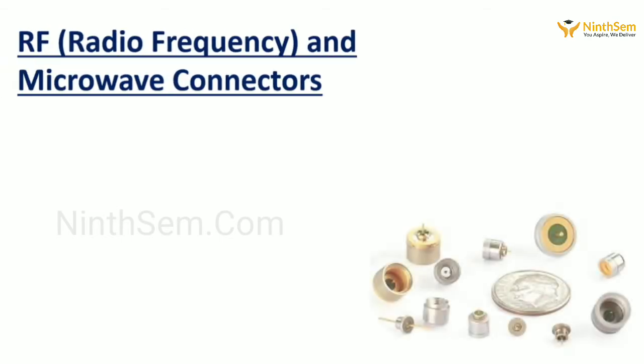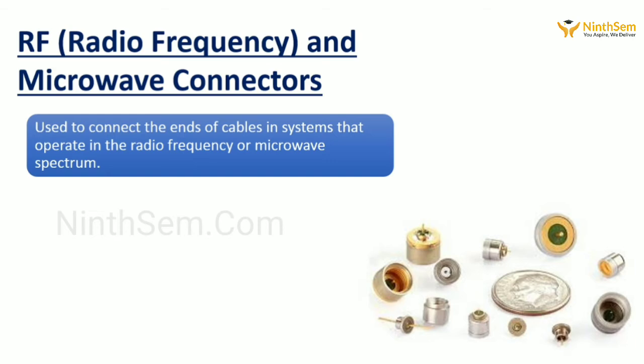Next is radio frequency and microwave connectors. These connectors are basically used to connect the end of the cables in systems that operate in the radio frequency or microwave spectrum. In simple words, microwave refers to the electromagnetic energy with a frequency higher than 1 GHz and a wavelength shorter than 30 cm.